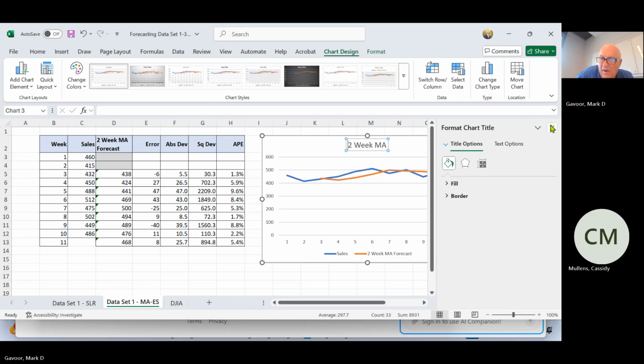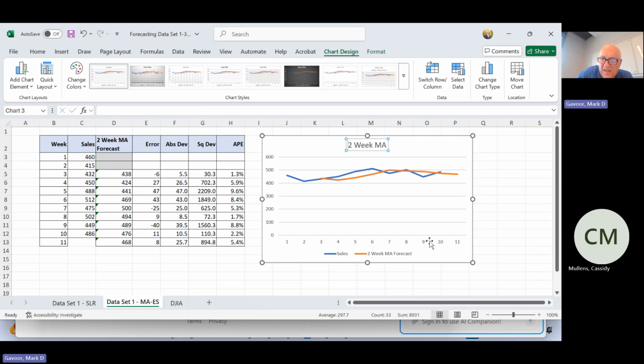Now, this is not enough to see how it lags. I might change the scale on this one.